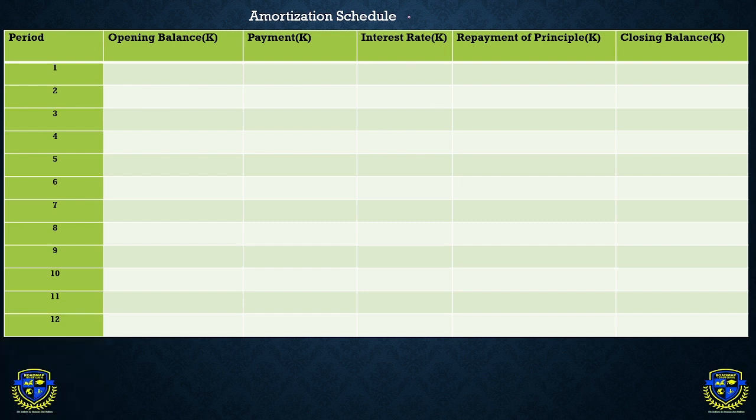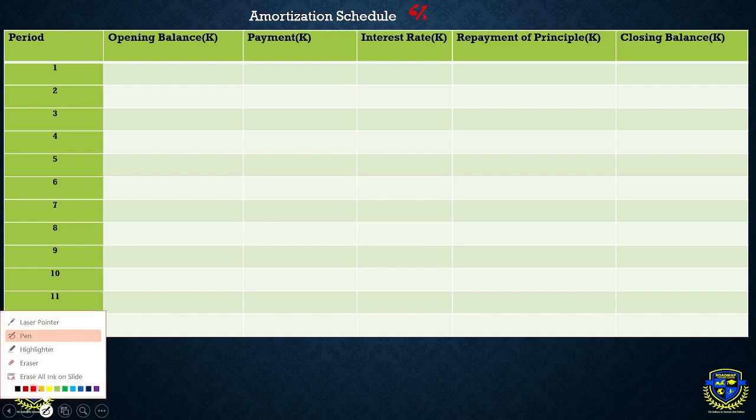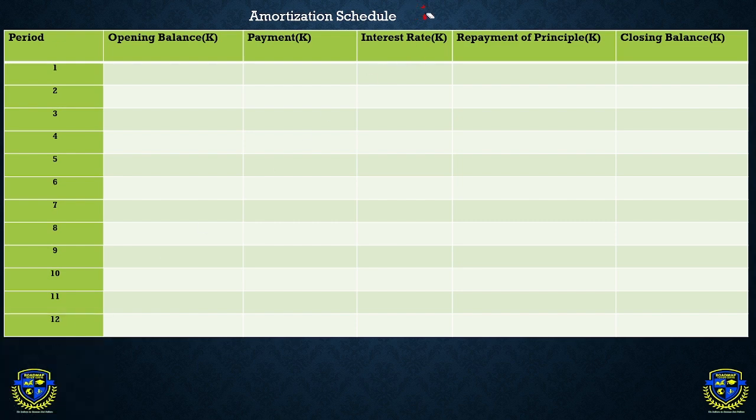So, remember we had the 6% there. The 6% divided by 12 is what will be our interest here. If you divide that by 12, it gives us 0.5. 0.5% will be our percentage.